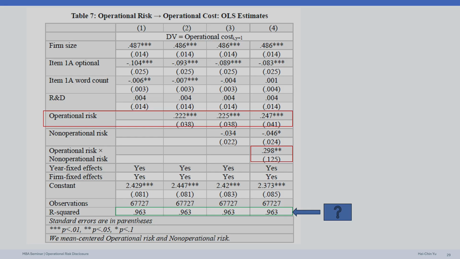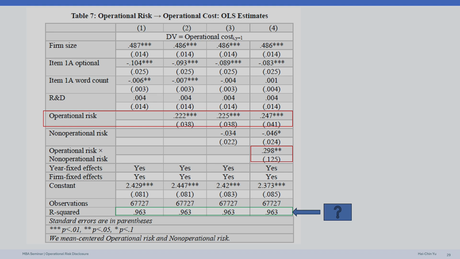The paper should check whether the R square is so high because of potential collinearity. The paper does not explain. We can check the full model in model 4, because all have the same explanatory power.